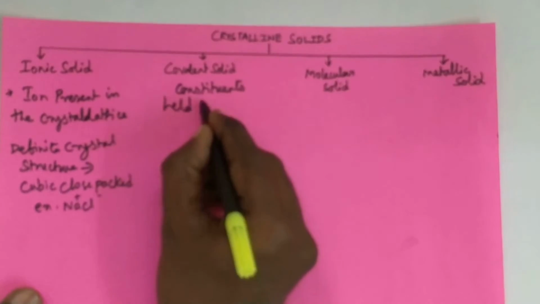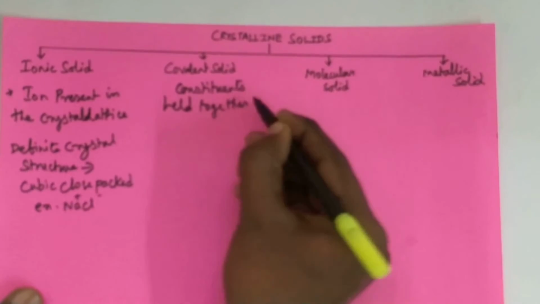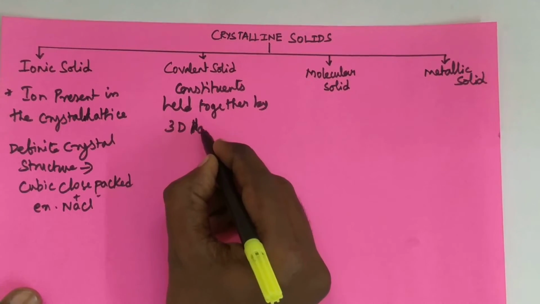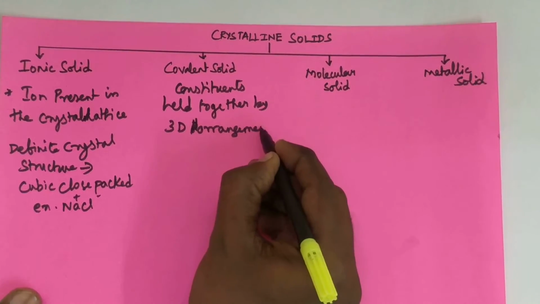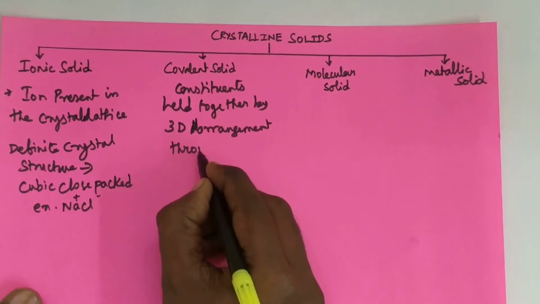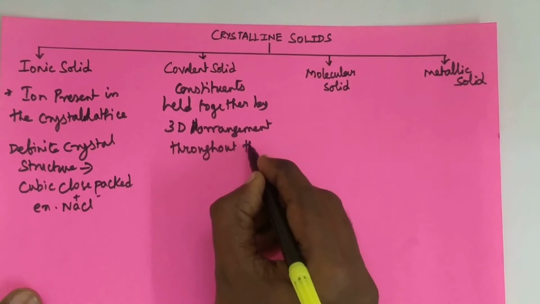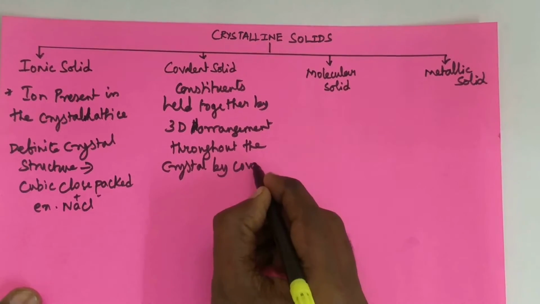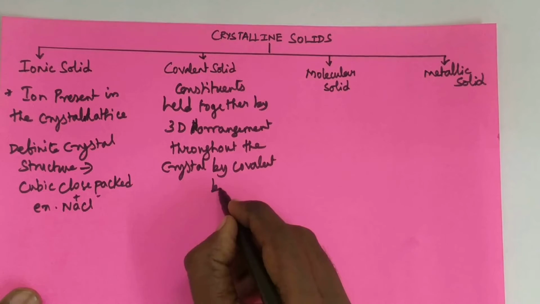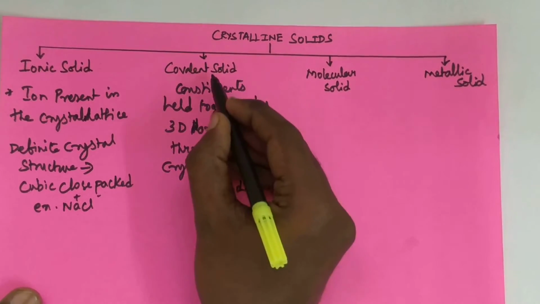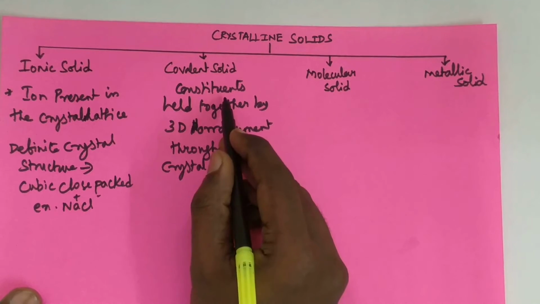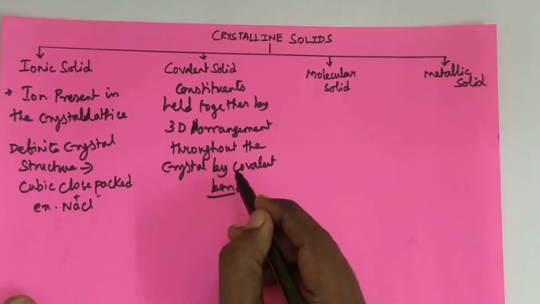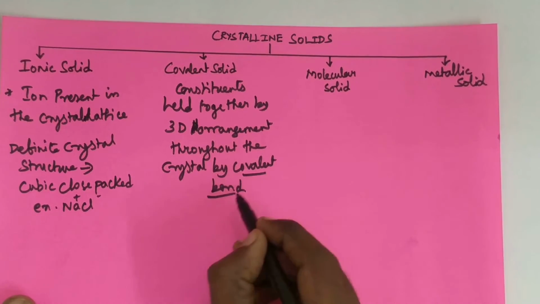So covalent solid means the constituents are held together in a three-dimensional arrangement throughout the crystal by covalent bonds.